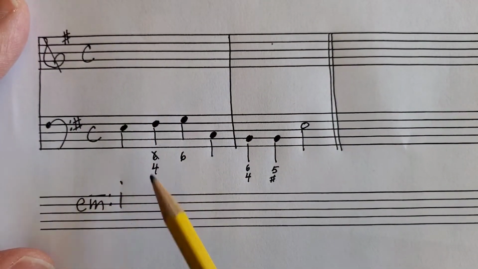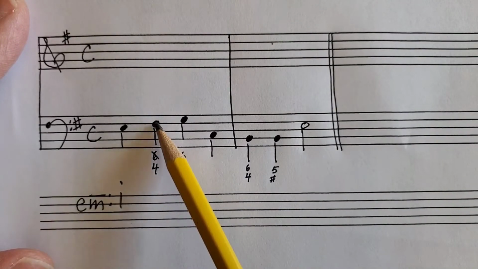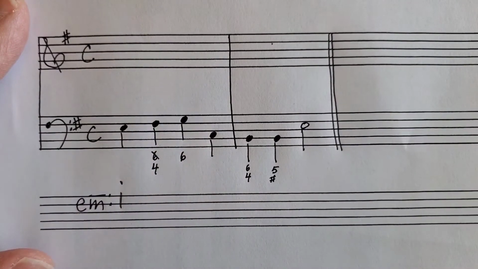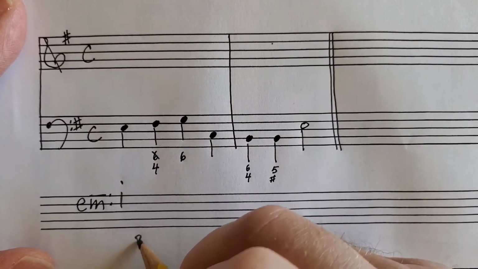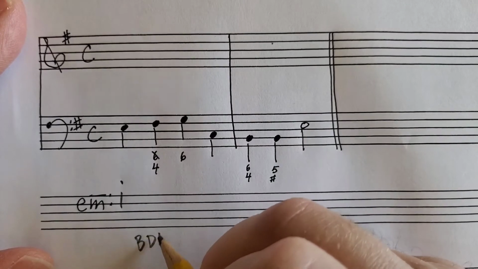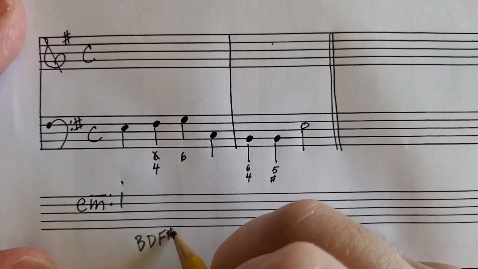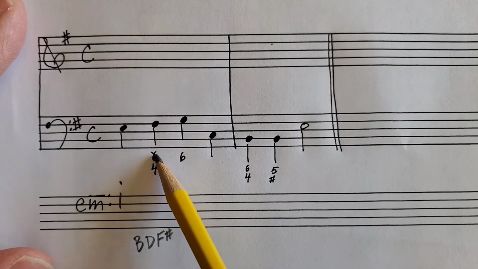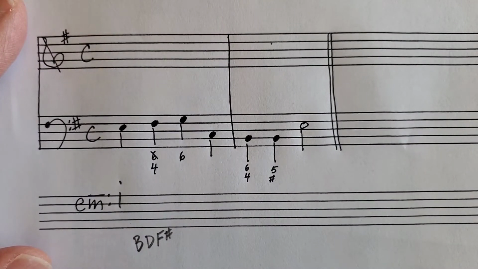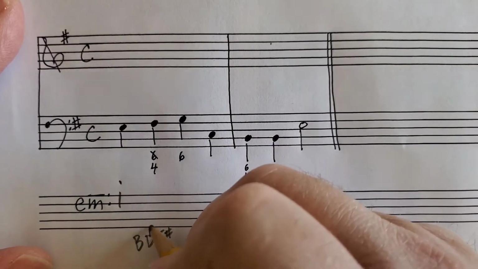6/4 means second inversion. Second inversion has a fifth in the bass, so if the bass is F sharp, the root is B, right? And the chord is B, D, F sharp according to the key signature. The slash through the 6 tells me to raise the 6th note above the bass. So 6 above F sharp is D. It's going to become a D sharp.